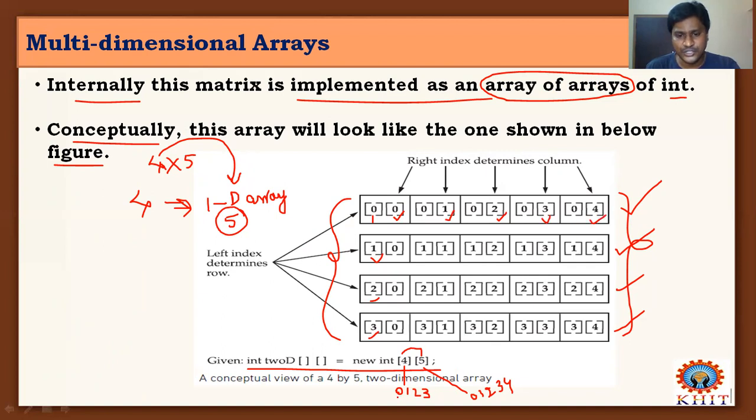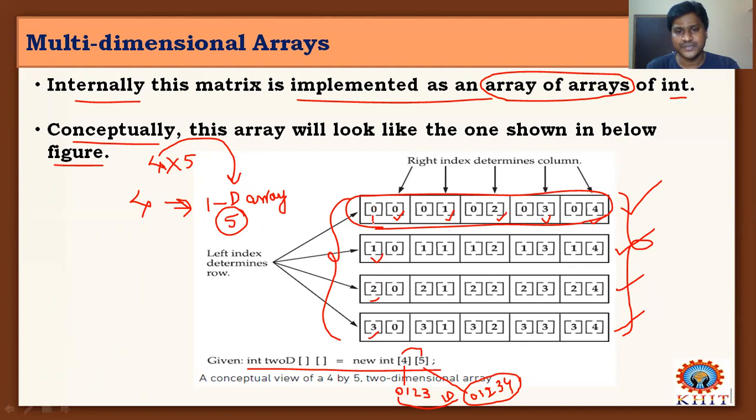So for this 0 1D array, all these column indexes are common.